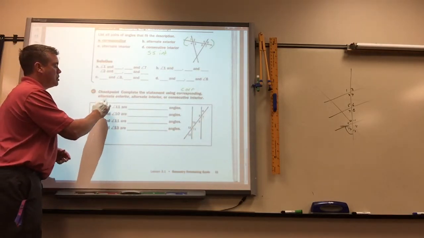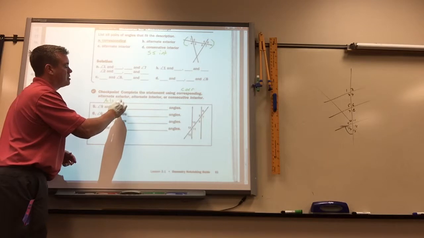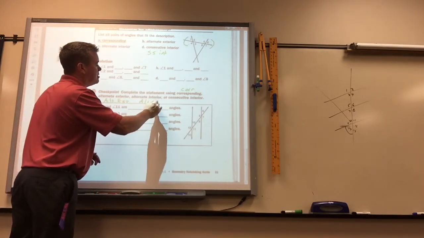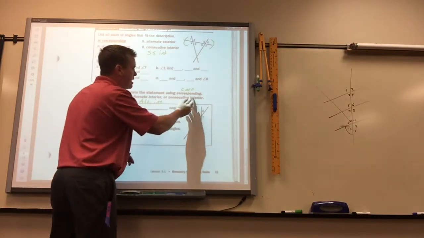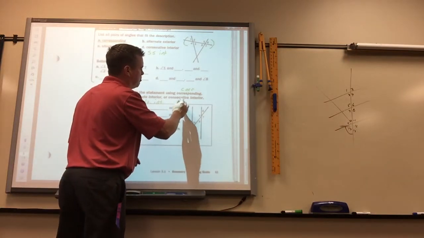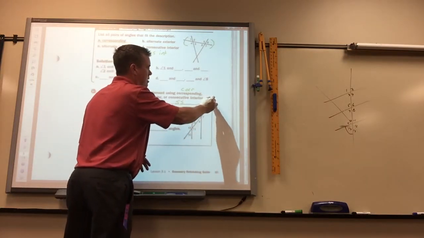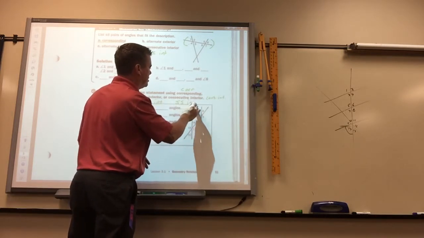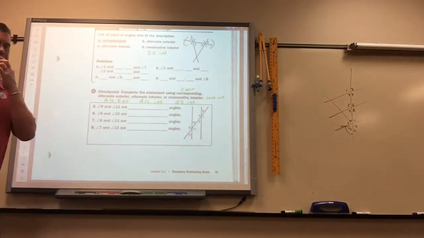Alternate exterior, which you can go Alt-Ext. Alternate interior, Alt-Int. And consecutive interior, you can put consecutive interior if you want, or you can just go same side interior, which is shorter.